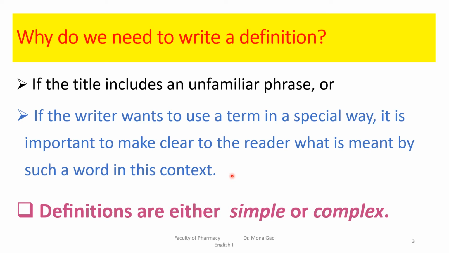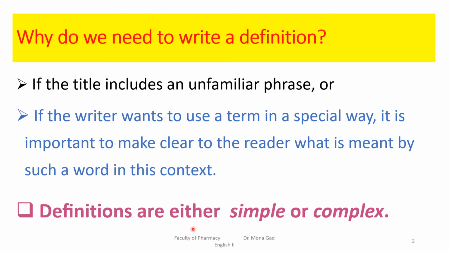So if the writer is going to use it, for example, rhetorically, he must show from the beginning that he is going to use it in this way. The word so and so means so and so, so the reader can understand what he's going to read.